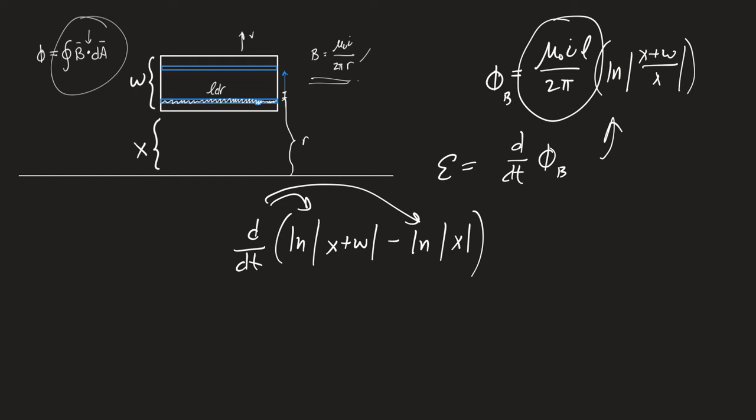So let's go with the first term. The derivative of the ln of x plus w. Well, I just do the derivative of all of this as if all of that were x. So the chain rule works. So that's just going to be 1 over x plus w. But then I have to take the derivative of what was inside there.